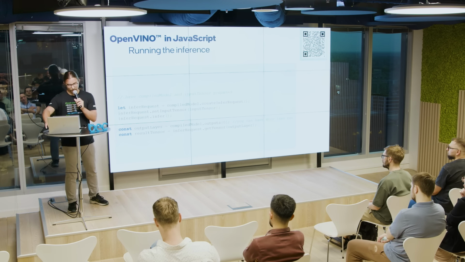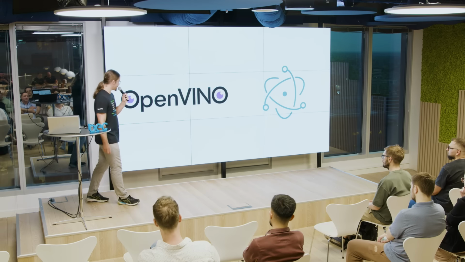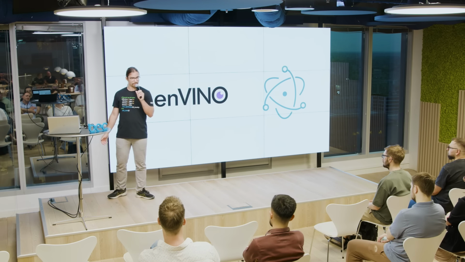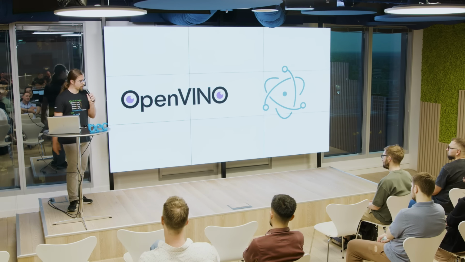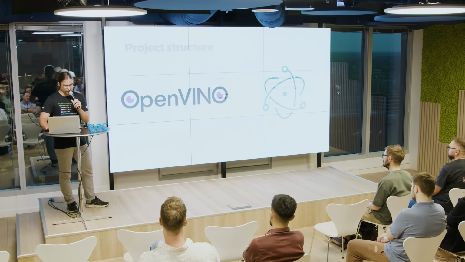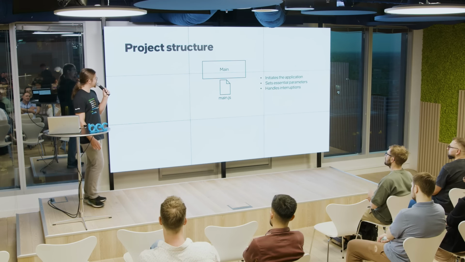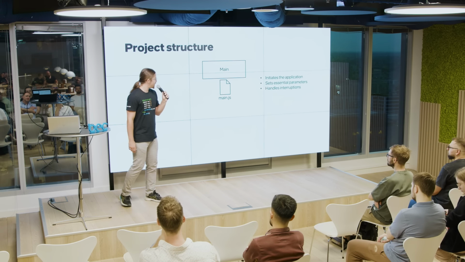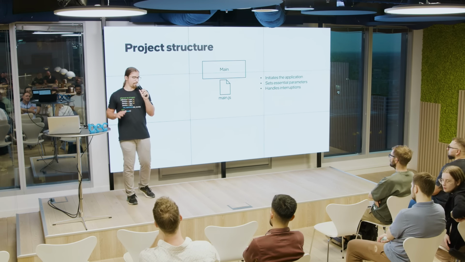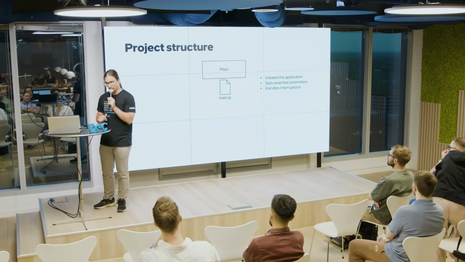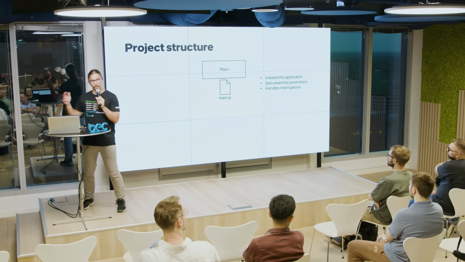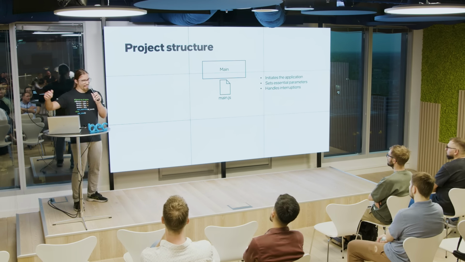Okay, so now, as I promised, OpenVINO and ElectronJS, how they can coexist, how they can cooperate. So the first important thing is the project structure. It is designed in the architecture called model view controller.